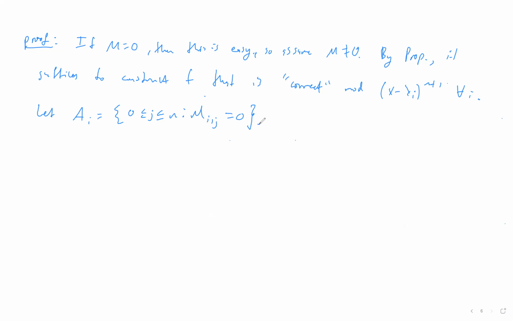And then we're going to let f_i of x be equal to the sum over k in the set A_i of (x minus lambda_i) to the k. And we're going to consider this as an element of C adjoin x mod (x minus lambda_i) to the n plus 1.